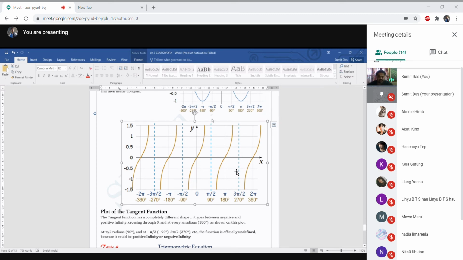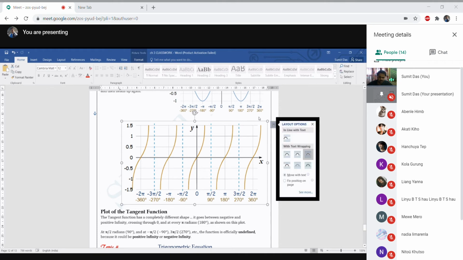The tan curve will never touch pi by 2 or minus pi by 2 or 3 pi by 2, like that. But at 0 degree the tan value is 0, at pi the tan value is 0, and at 2 pi the tan value is also 0.